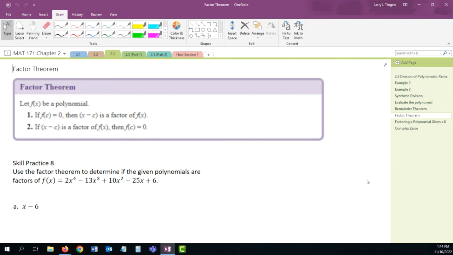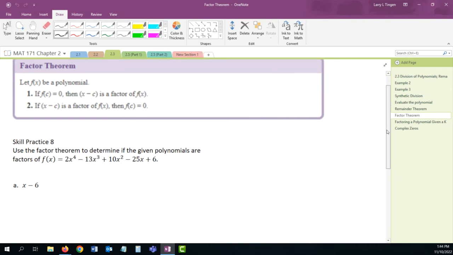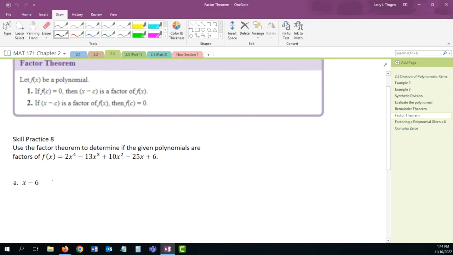So let's go after this next example, and then I'll show you exactly what this does to our graph. So here's f of x. Determine if the given polynomials are factors of it. So x minus 6 is my factor.